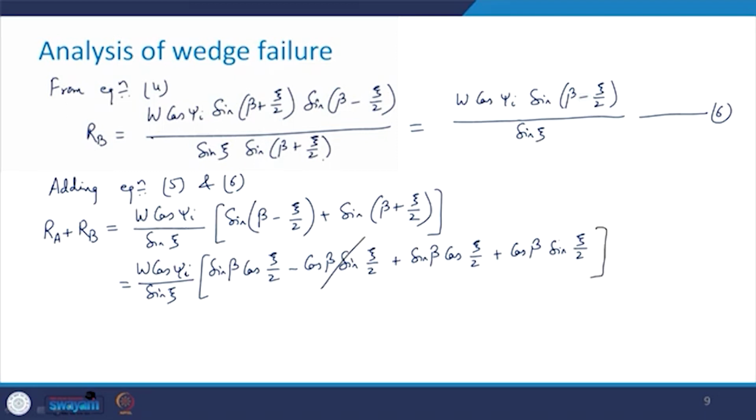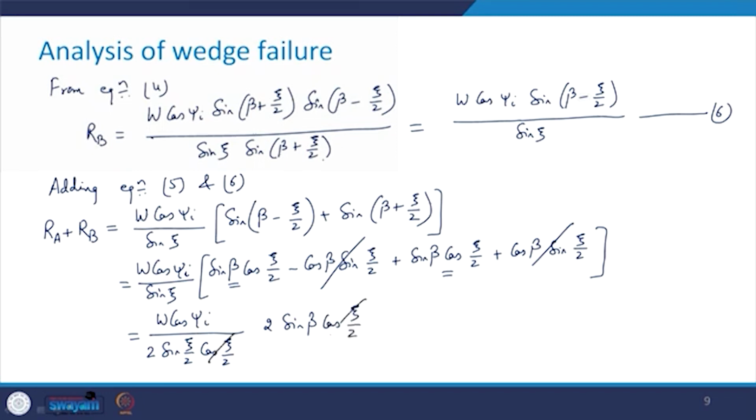Now, you see this and this term will get cancelled out, and ultimately what you will get is W cos psi I divided by, this can be written as 2 sin zeta by 2 into cos zeta by 2, and here we will have, because these two terms are same, 2 sin beta cos zeta by 2.